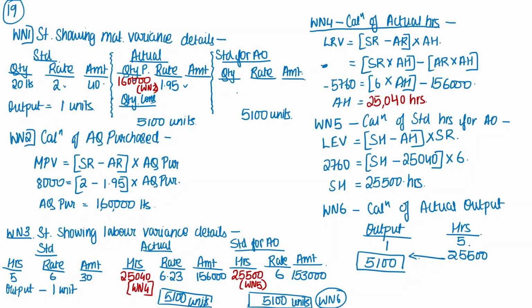Right, we can find out the standard quantity. For 1 unit, 20 liters. So for 5,100, 1,02,000 liters at 2 rupees. That is 2,04,000.